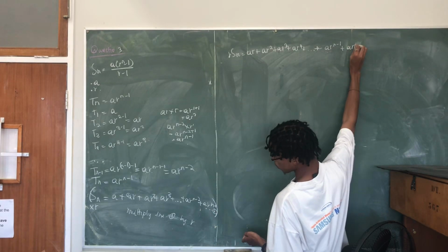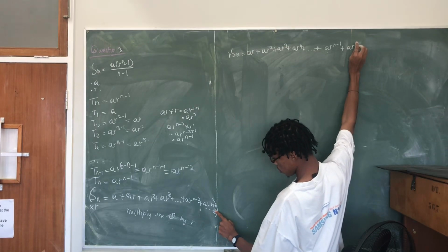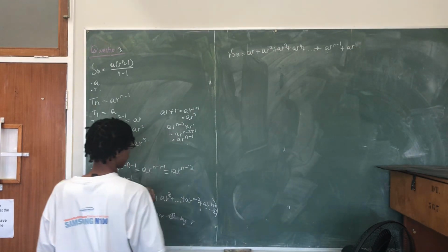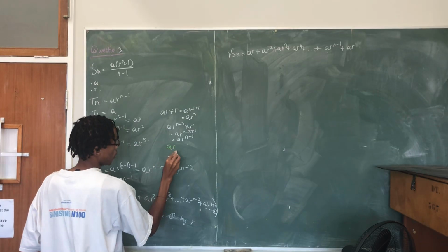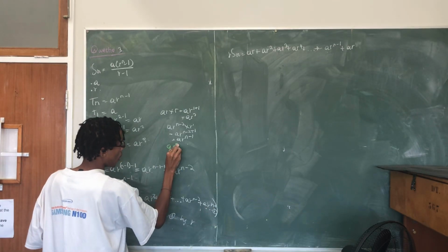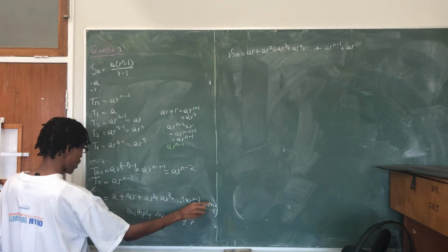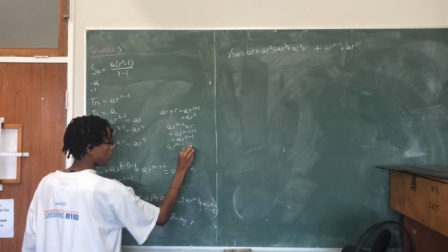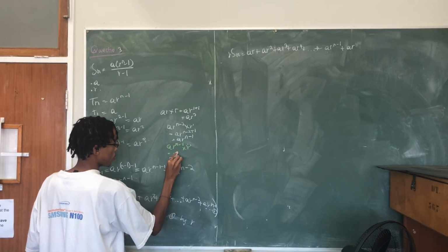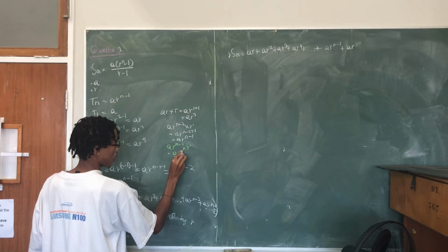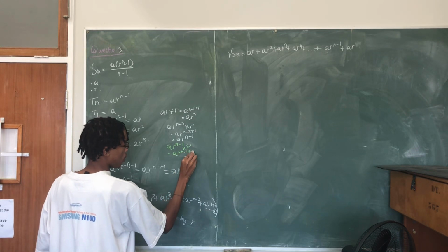And then for the last one, we'll have a r to the power n minus 1 multiplied by r, which has a positive 1. So we have n minus 1 plus 1.